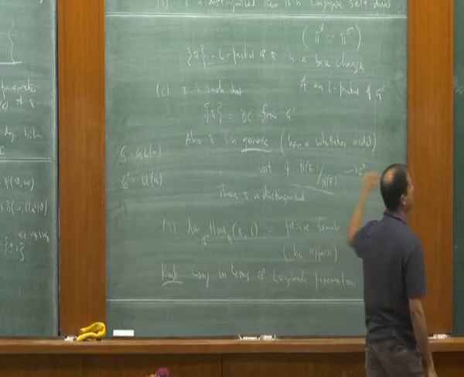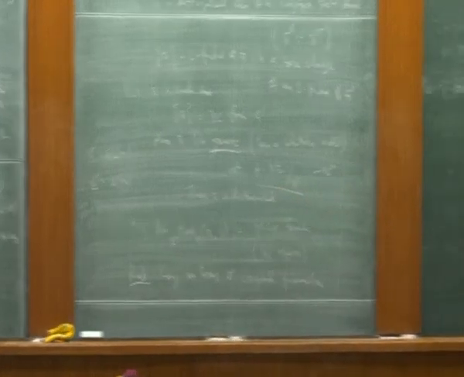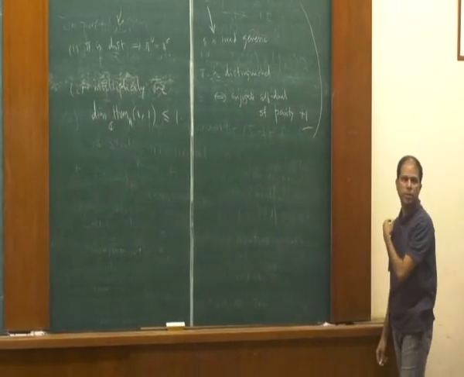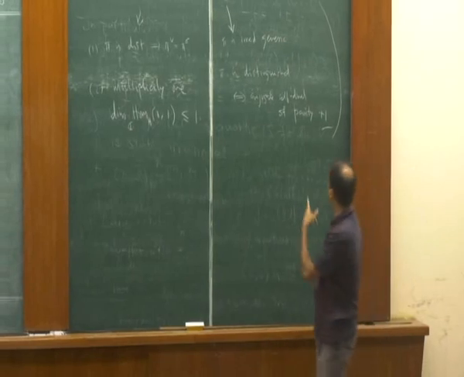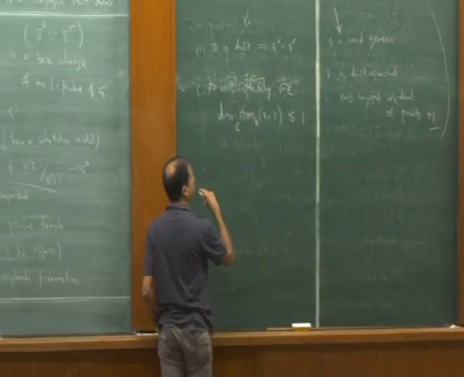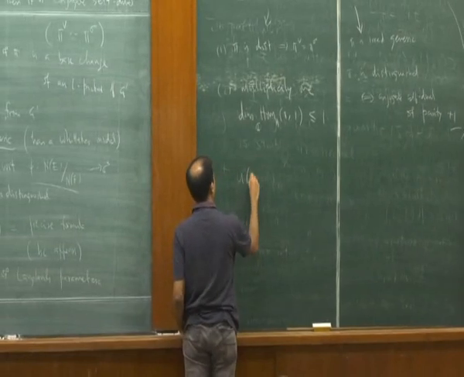This philosophy would say that if it is distinguished with respect to GLN(F), it should be base change from UN, and that is what Mok's result would say. So from UN to GLN, let's define UN.